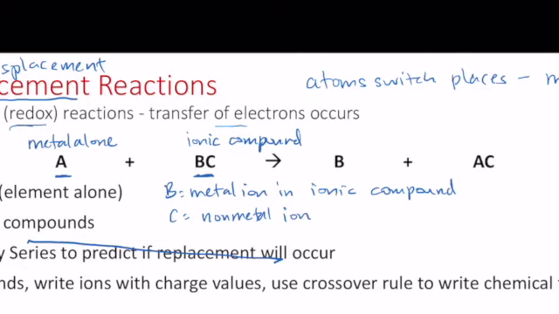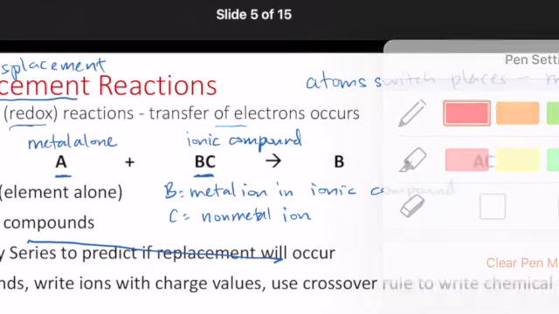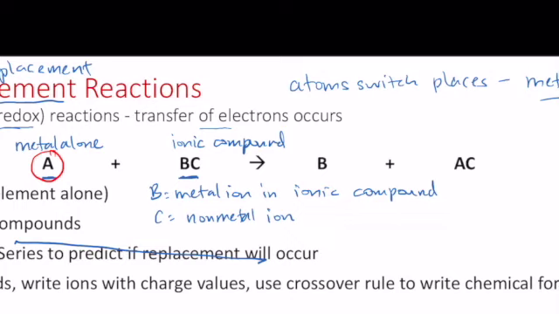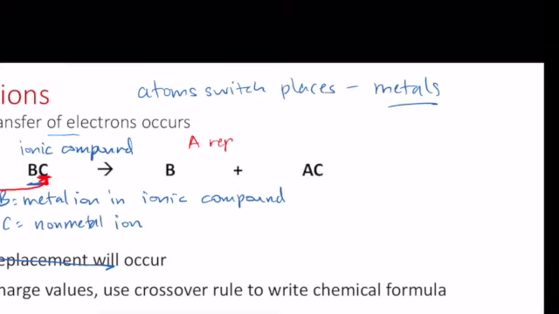Okay, so what happens in the single replacement or single displacement is that this A replaces the spot that B had and it bonds to C. Okay, so A replaces B and forms a new compound.